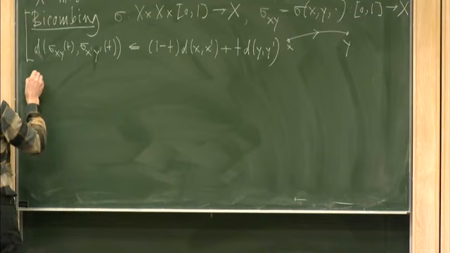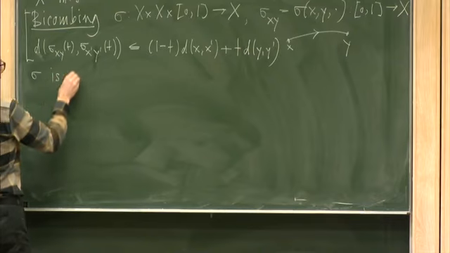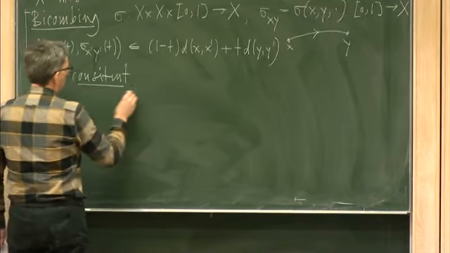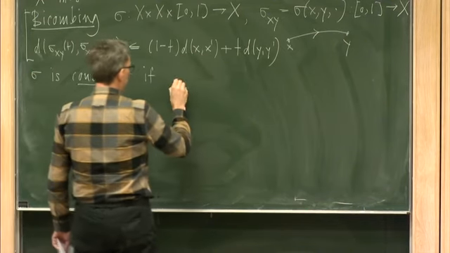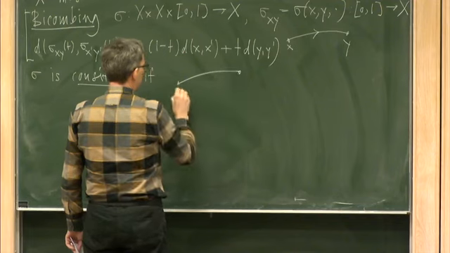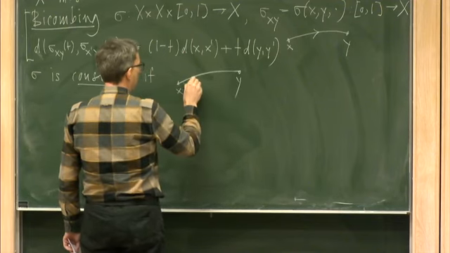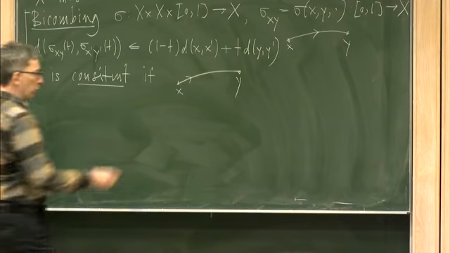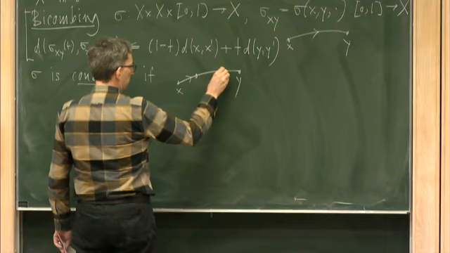So we say that sigma is consistent if the following holds. So take one of these bicombing geodesics. So the image is a directed segment. Now take two points, p and q, in that order.